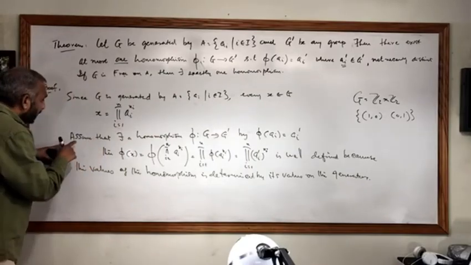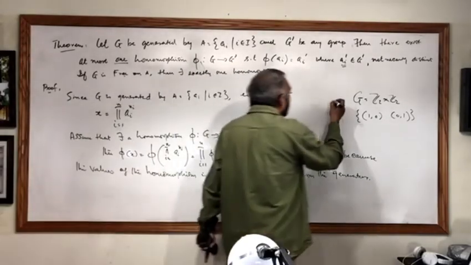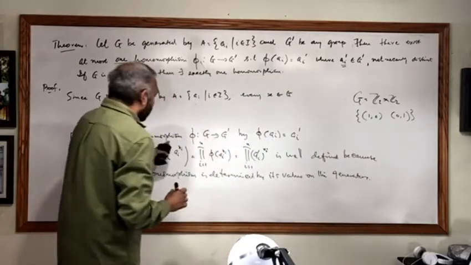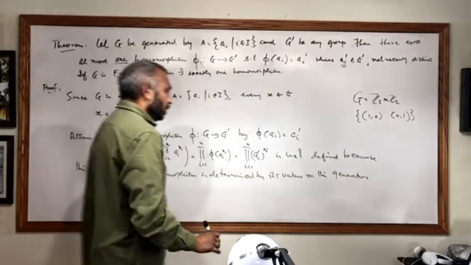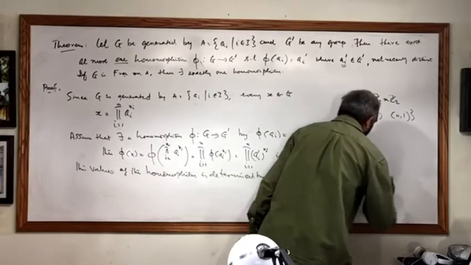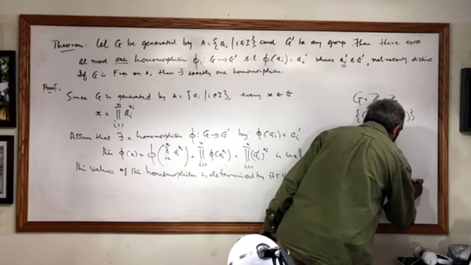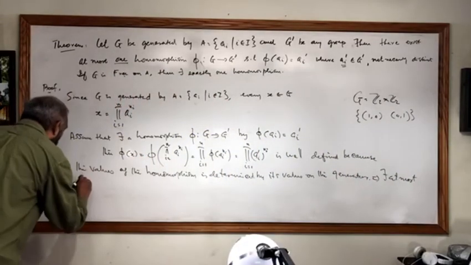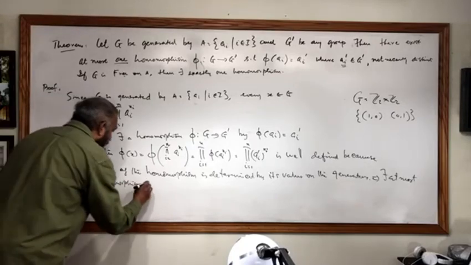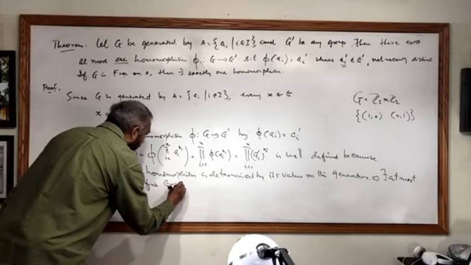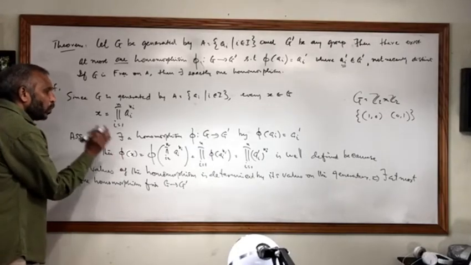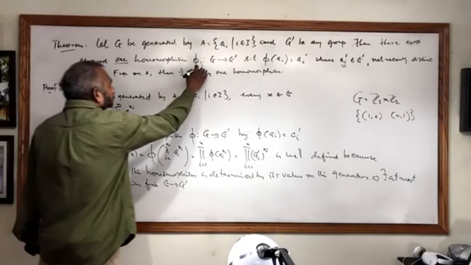What it says is, if there exists a homomorphism, then this is true. And that implies there exists at most one homomorphism from G to G prime, because this is well defined, so there is only one homomorphism defined like this.